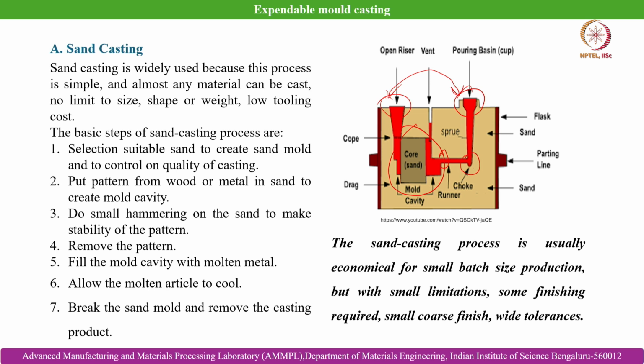We have also discussed the steps involved in the sand casting process: first allowing the melt to flow within the die cavity, then allowing it to solidify, and once it is perfectly solidified, we do the fettling process to remove the gating arrangement to get the final desired cast geometry.